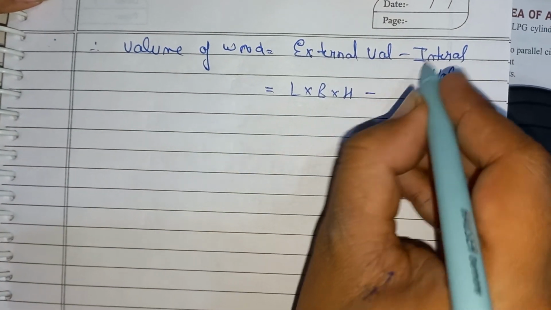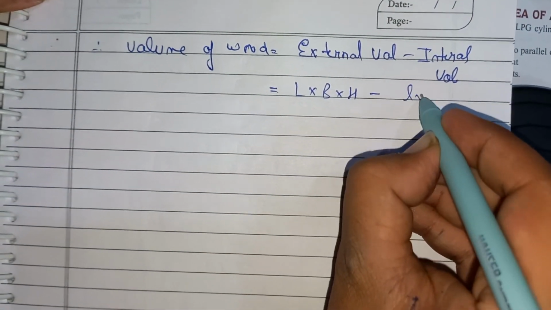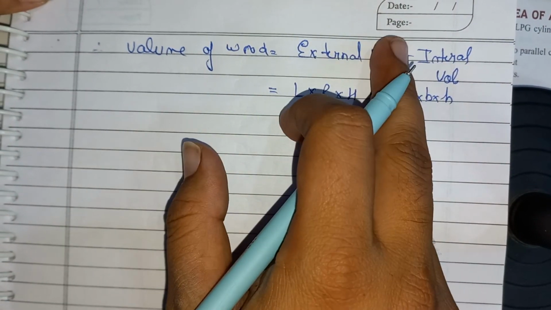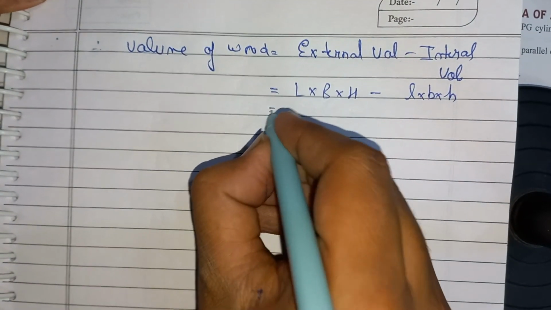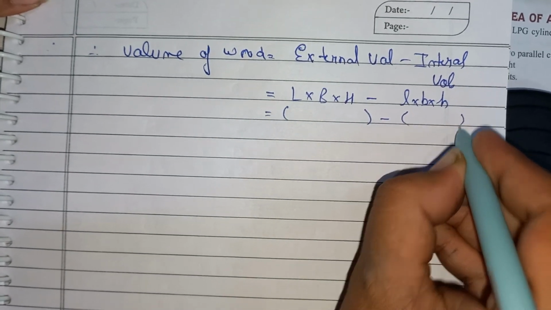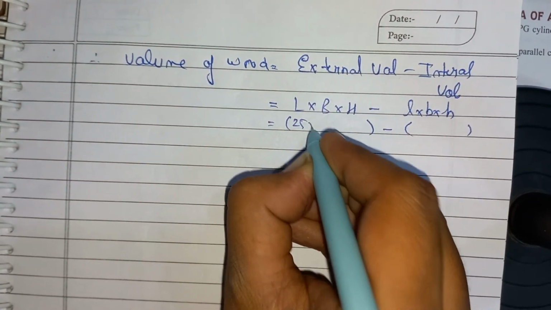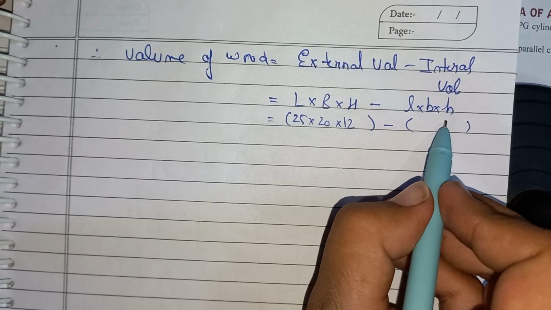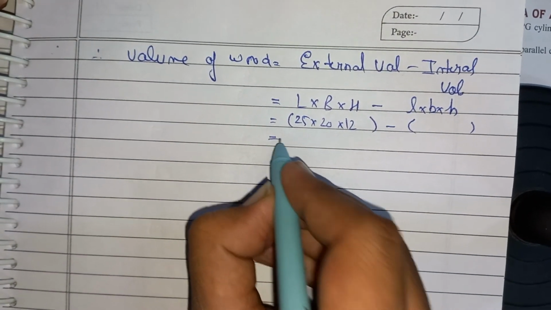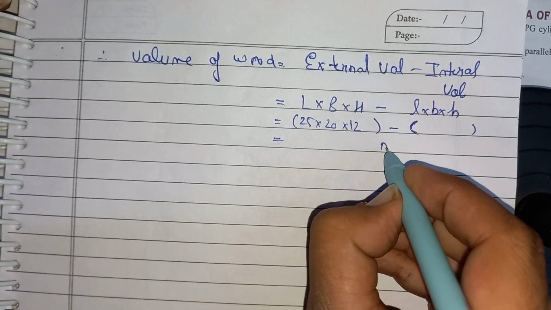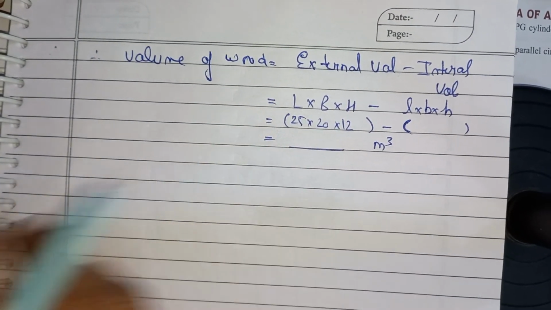And the word internal is here, so we use l into b into h of the internal. The formula of a cuboidal box is L into B into H. Substitute the values here and solve it. L, B, H are given in the question, which are 25, 20, 12. And the internal l, b, h you found on the previous page. Mention it, find it, and the final answer should be in meter cube.